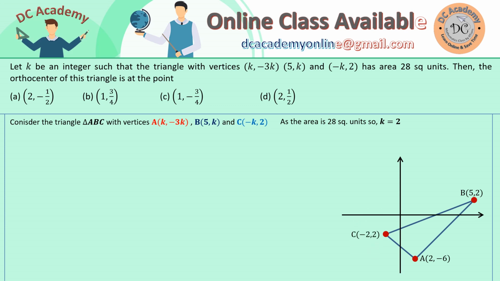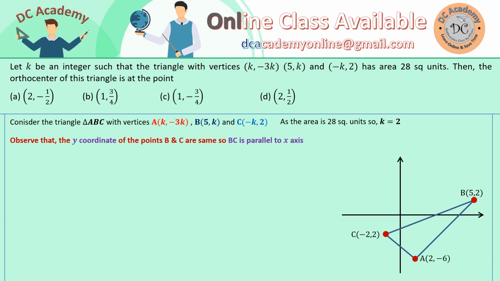That's it. Now observe carefully in the picture. Here we see that B and C have the same y coordinate. That means BC, the side, must be horizontal, so it's parallel to the x-axis. That's why we observe that. So we redraw the figure again, because then maybe the calculation of the orthocentre becomes easier.